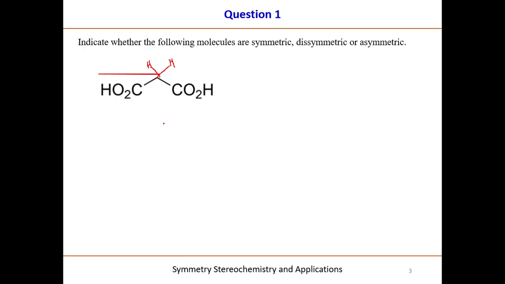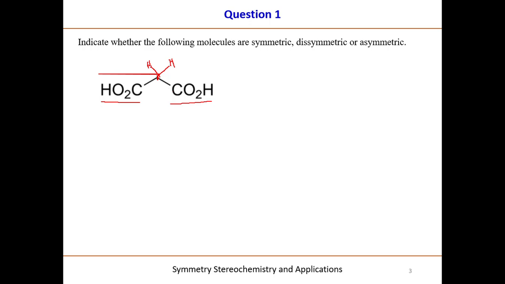We have to check whether it is a chiral or achiral molecule, and then we can decide symmetric, asymmetric, or disymmetric. Here you can see this group is the same as that group. That means this carbon is achiral, because two same groups are present. There are no four different substituents on the carbon. So it is an achiral carbon.